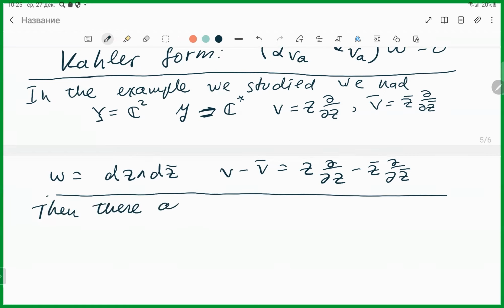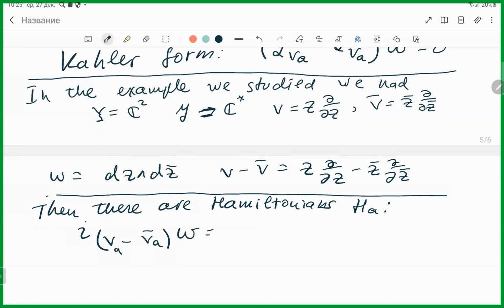Then there are Hamiltonians, H_A, such that V minus V_A bar inserted into the Kähler form gives dH_A.